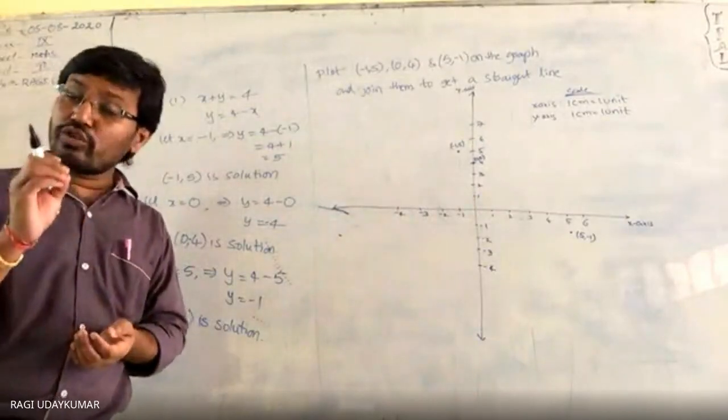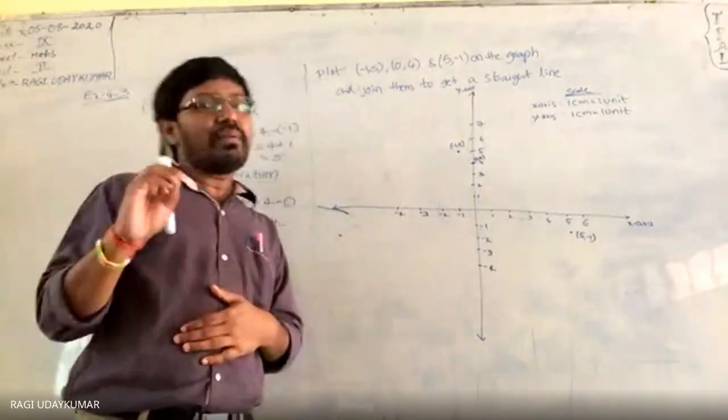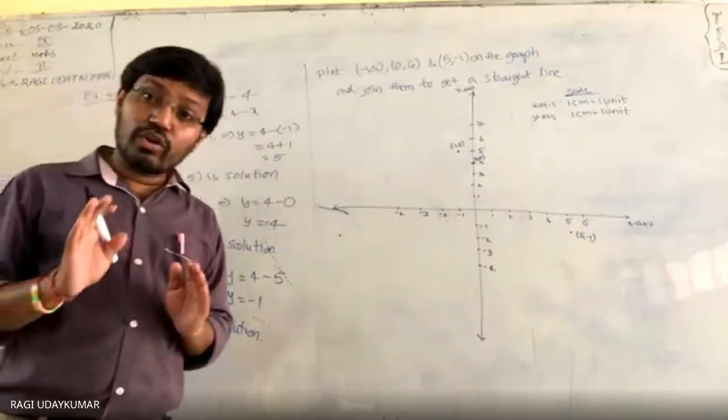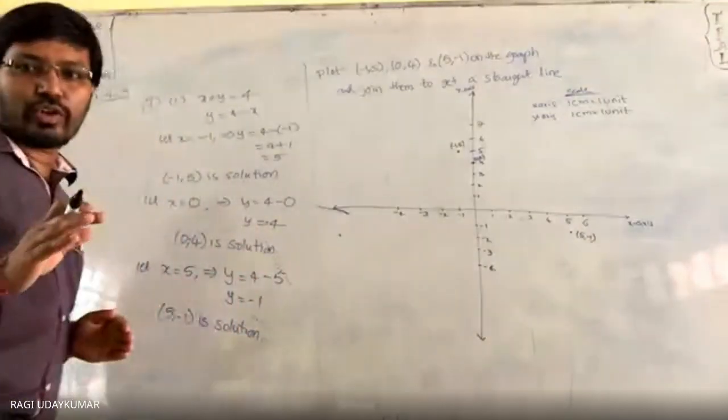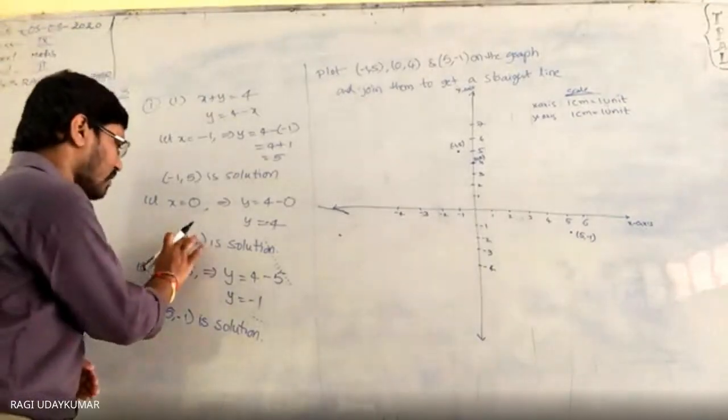So why we need to take more than 2 points? Minimum 2 is enough to you. But if you find more than 2 points, it is beneficial to you that you will be able to find out your mistake. So that's why better you find out.